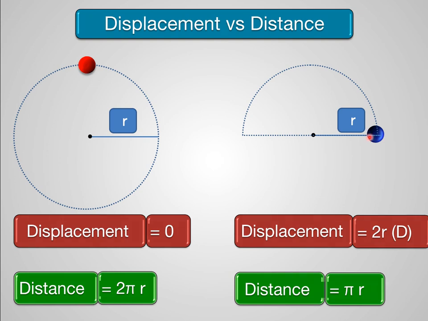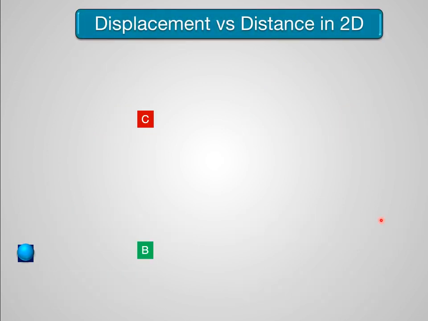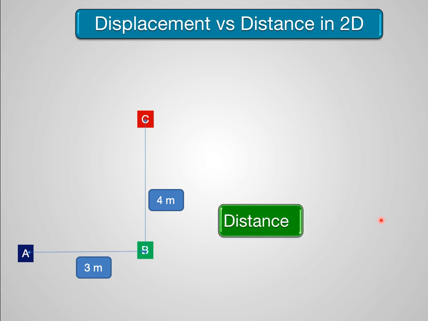Now let's see what will happen in 2 dimensions. For example, if you are going from A to B, then B to C, what is your distance traveled and what is your displacement? So let's take A to B distance as 3 meters and B to C as 4 meters. So what's the total distance? It's very simple, it's 7.